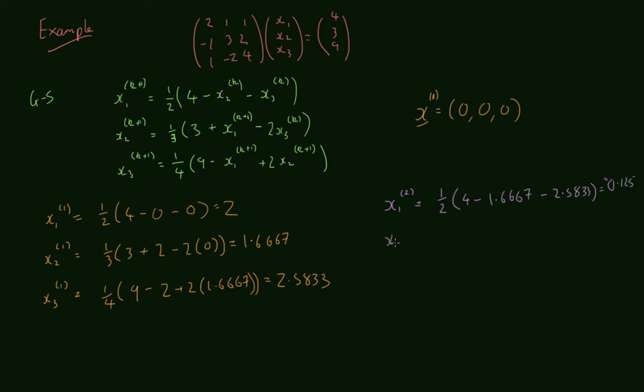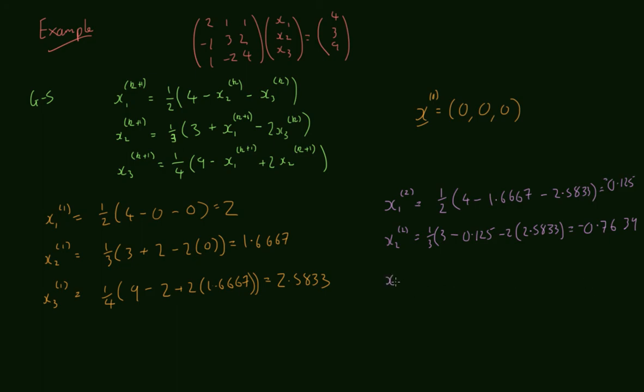For x2, again we have 1 over 3, 3 plus x1, so that's going to be minus 0.125, minus 2 times x3, which was 2.5833, which comes out as minus 0.7639.